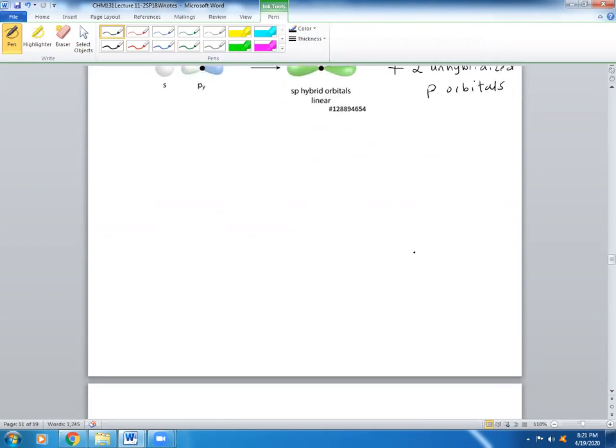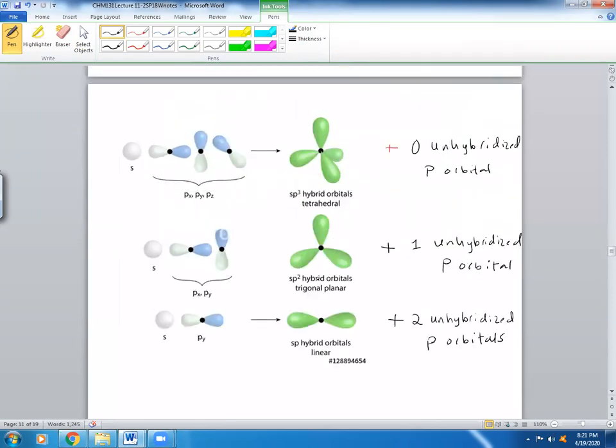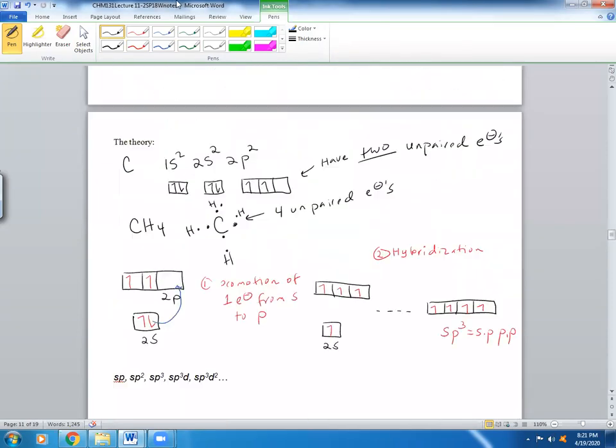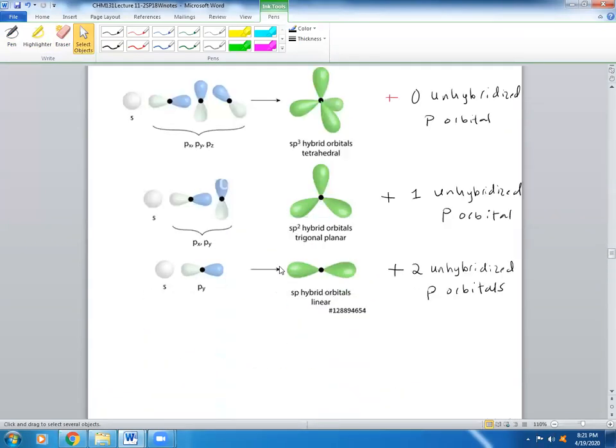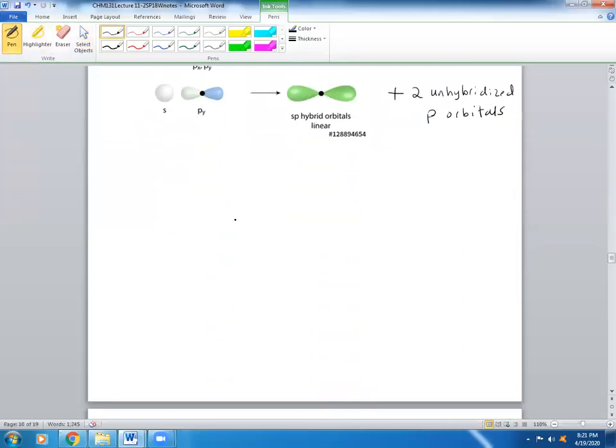Well, here's how. In order for you to determine the hybridization, rather than going through this step right here, although you still have to have a basic understanding of this theory, there's a quick method. We call that the steric number method, and we did talk about it. So let's write down what the steric number is.